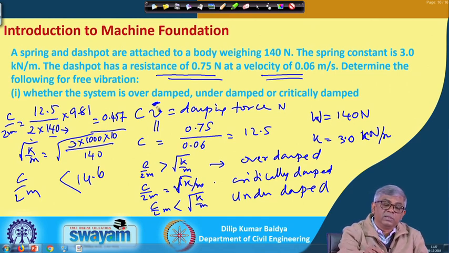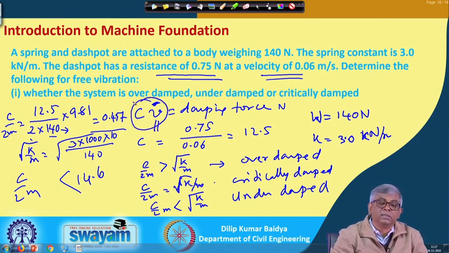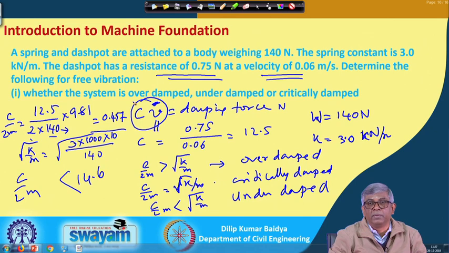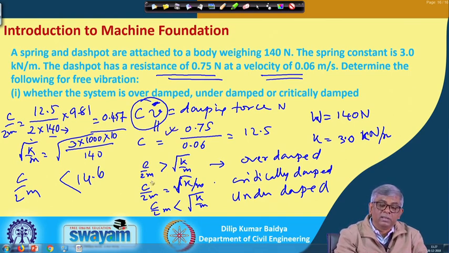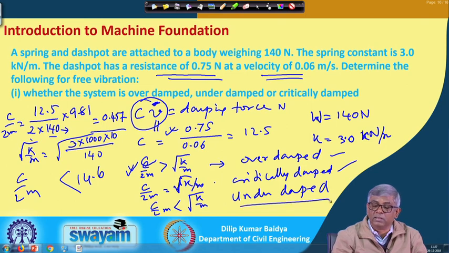We have tried to explain the relationship between damping coefficient and damping force. Velocity multiplied by the damping coefficient is the damping force. From there I got the damping coefficient, and then we know the relationships: C over 2m greater than under root k by m is over damped, equal is critically damped, and less is under damped.